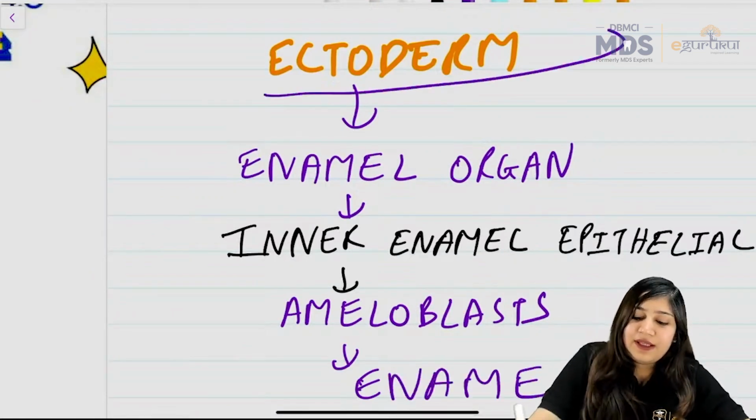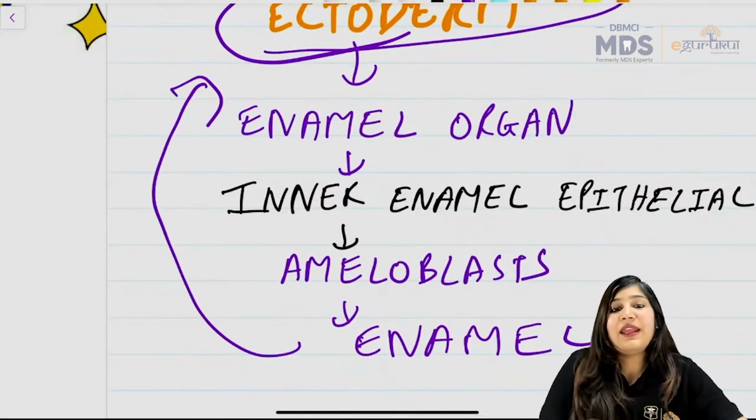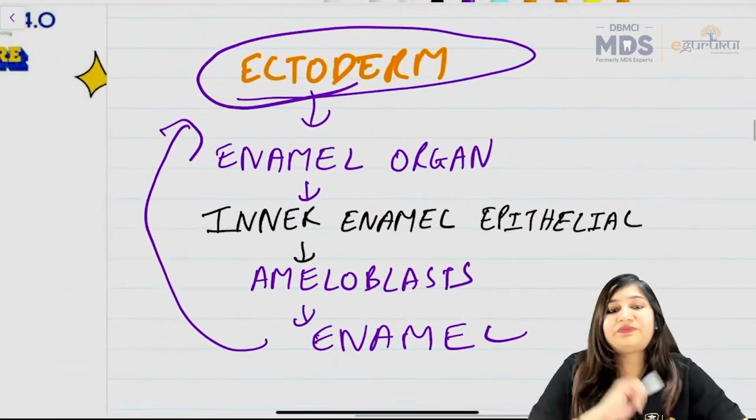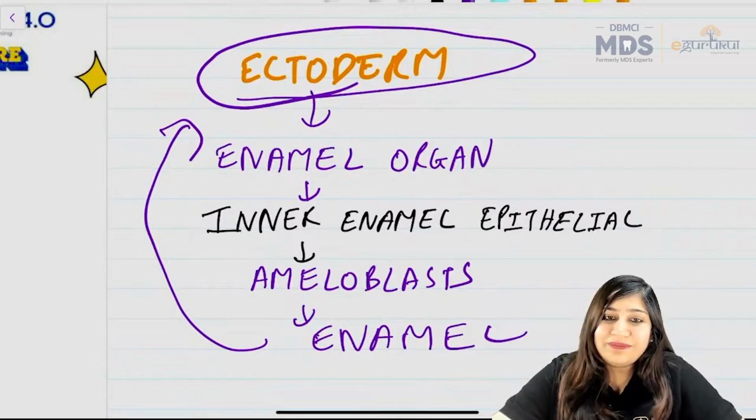So basically enamel is derived from ectoderm.